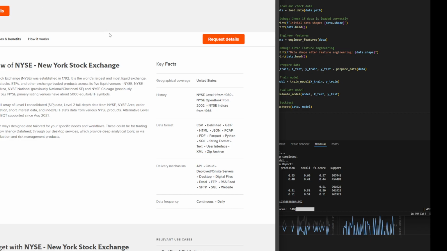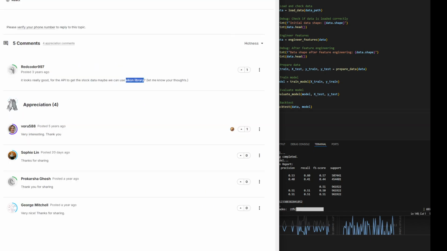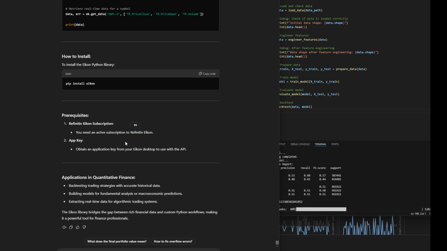Another recommendation here is lseg.com. I just came across it on Kaggle. Someone was saying to use the econ library. I was saying, what's that? ChatGPT said it's a whole thing here that you can use for data. I said, okay, I'll go look at it.